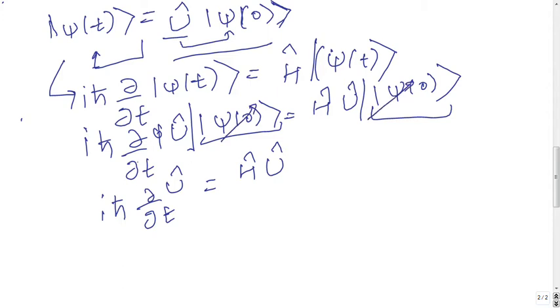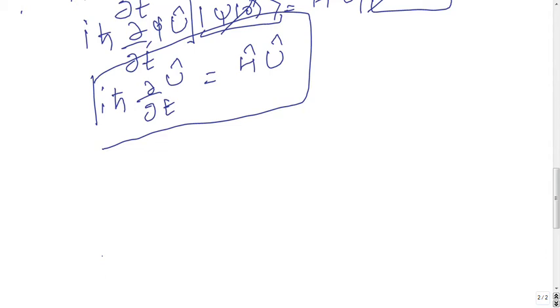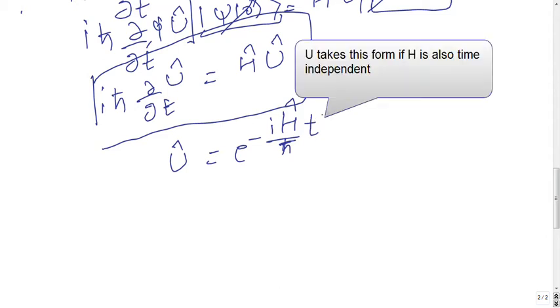So this is what the equation becomes, and if you solve this equation, the operator takes this form. So this is what my unitary evolution operator takes if my system is closed.